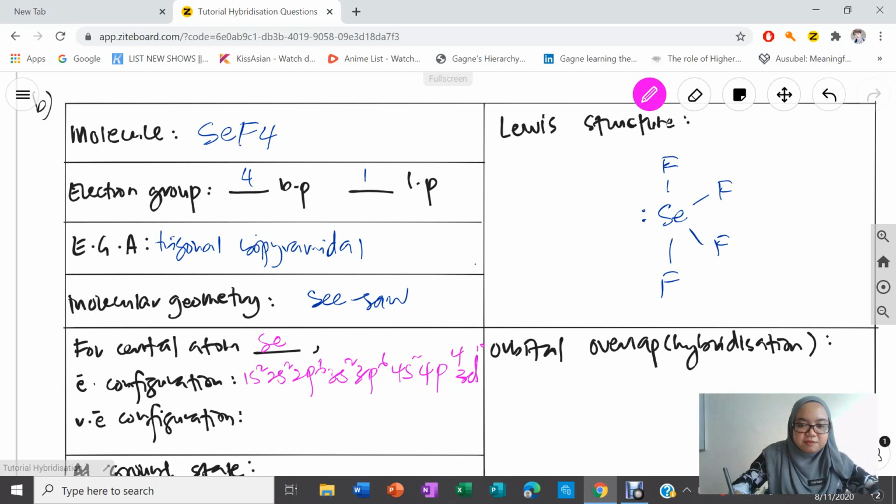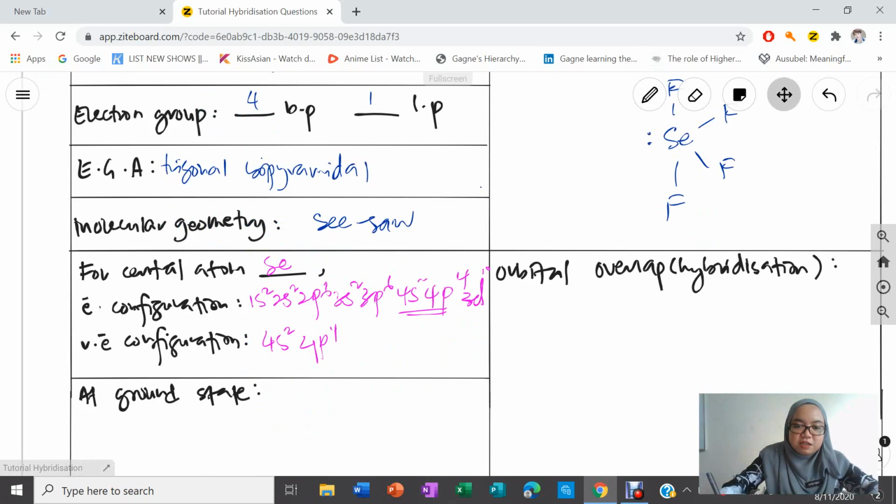Look for 3d10. So the valence electronic configuration, we take these two: 4s2, 4p4, that is the valence electronic configuration for Se. Because we want to focus on the central atom only.